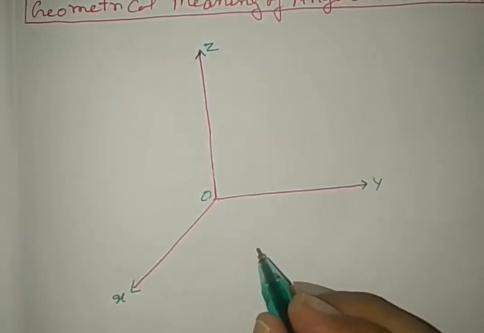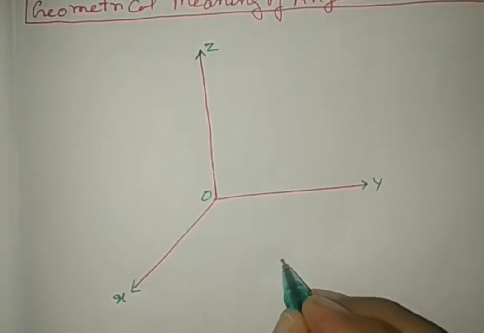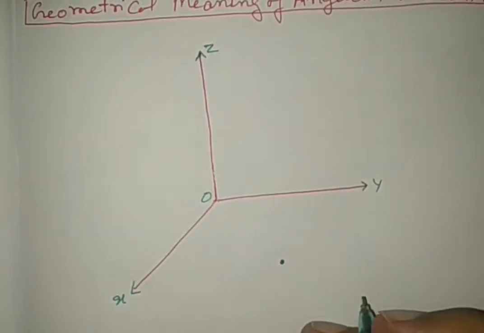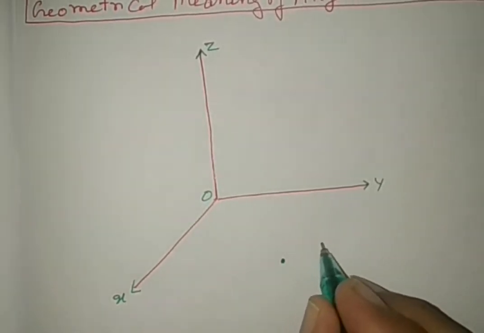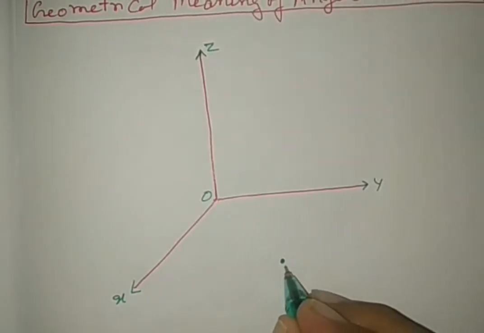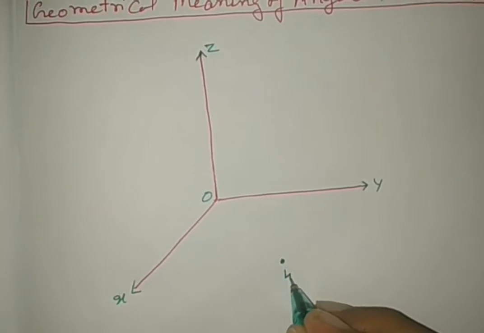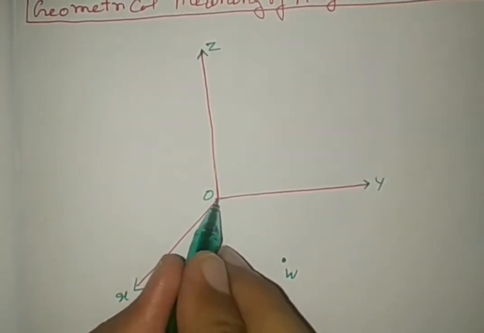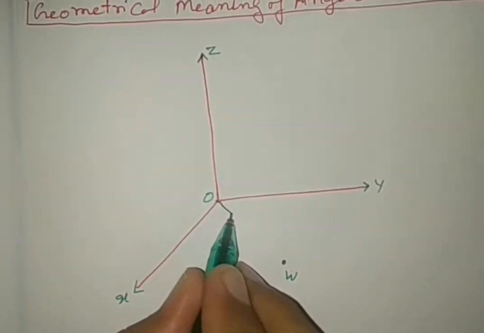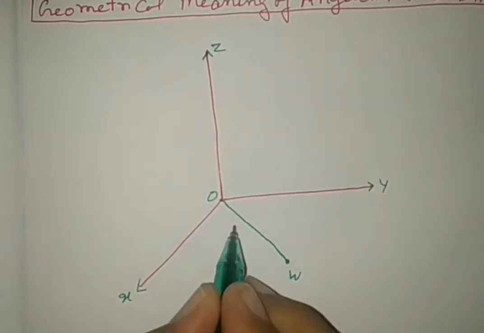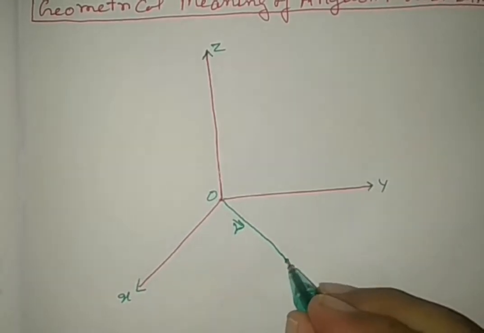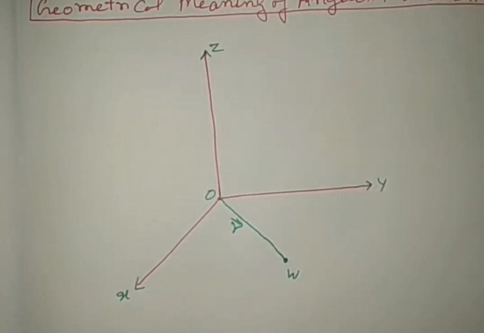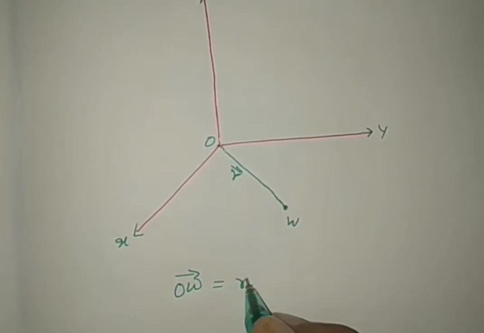Let a particle P be here, represented at point W. Its position from the origin is R. Position of particle P, that is OW, is given by R.